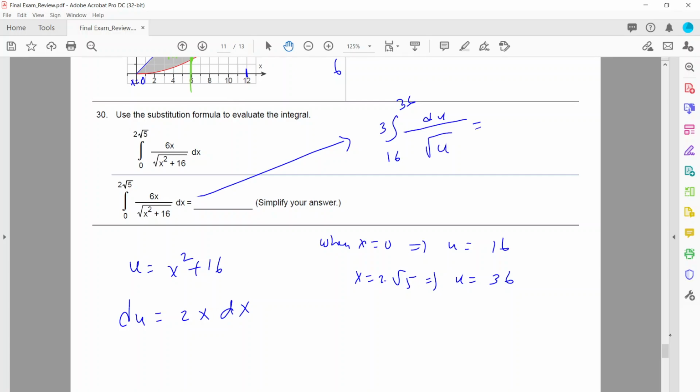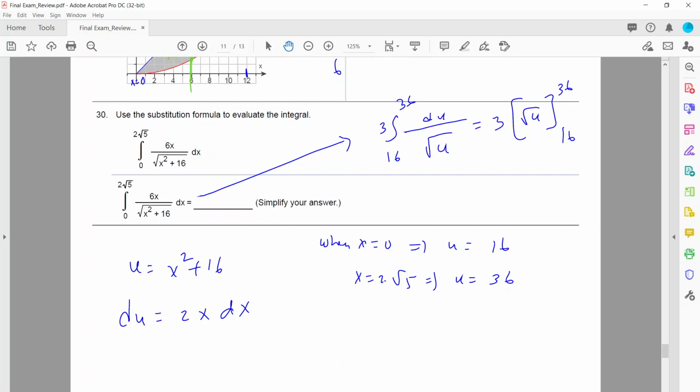If you try to find out the integration of the square root of u, that will be u to the power square root of u on the top, and just put 16 and 36, because integration of 1 over square root of u is square root of u. The power is negative 1/2. So by using the power rule, negative 1/2 plus 1 is positive 1/2.